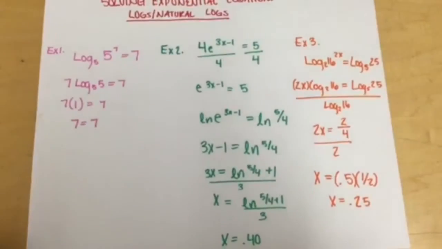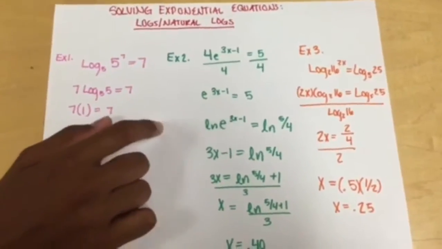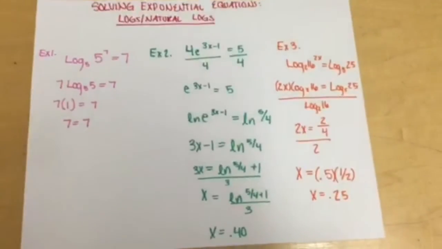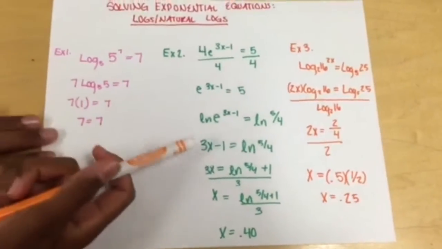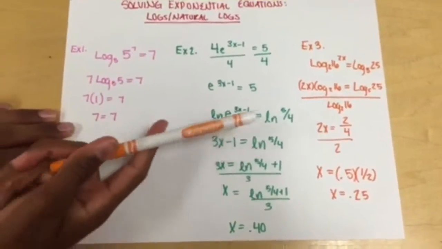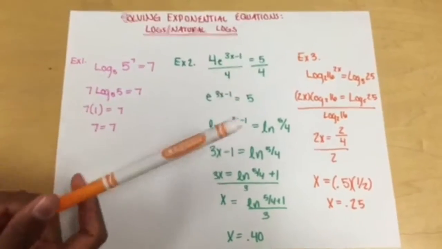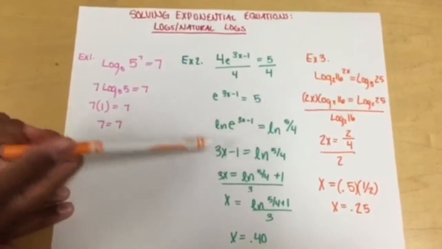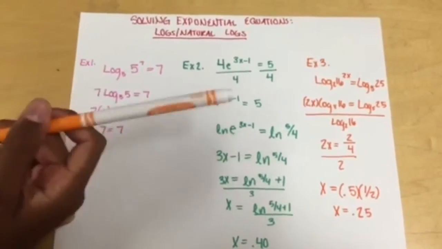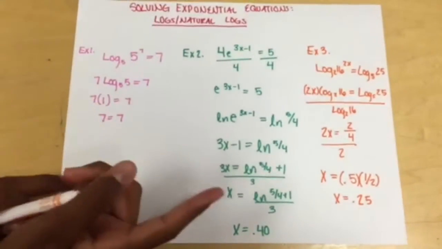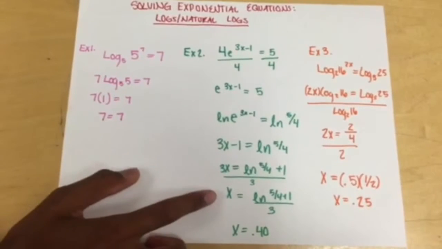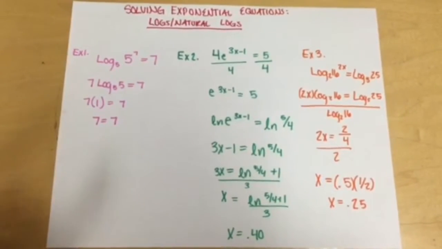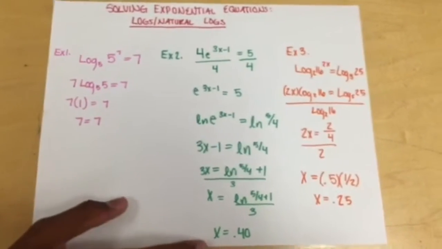And as we know, natural log has a base of e, so natural log of e would just cancel out, and you're left with 3x minus 1 equals natural log of 5 fourths. Then you add 1 to the other side, it'd be 3x equals natural log of 5 fourths plus 1, divide everything by 3, and that would be x. You end up with x equals (natural log of 5 fourths plus 1) over 3, and you can do that in your calculator and you'll get x equals 0.4.